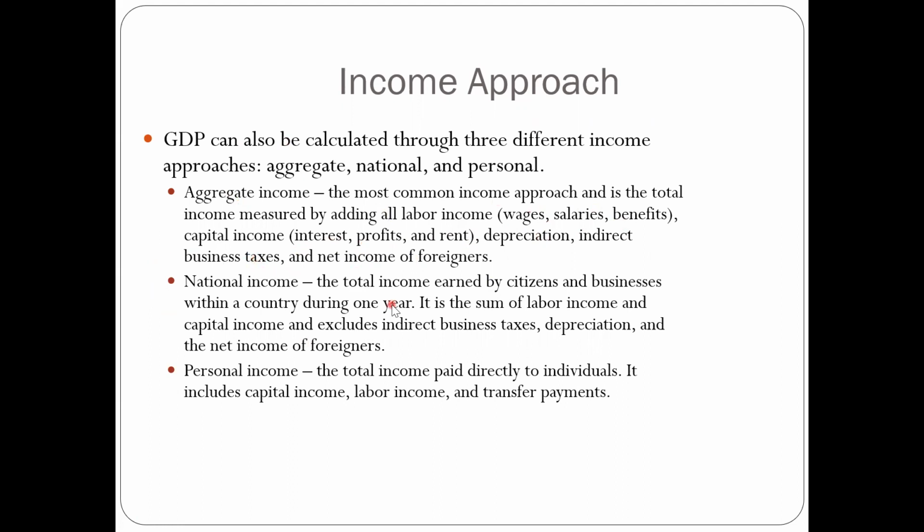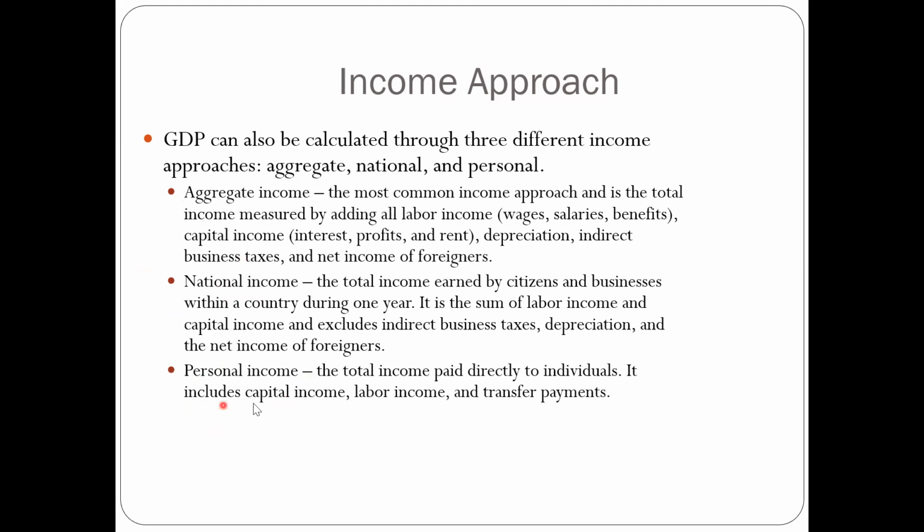The national income approach is the total income earned by citizens and businesses within a country during one year. It's a summation of labor income and capital income. And here we exclude the indirect business taxes, depreciation, and the net income of foreigners, because here we focus on the citizens or residents of this country.